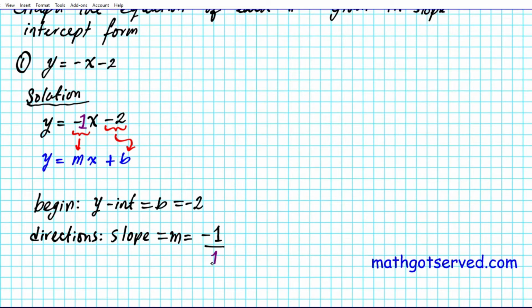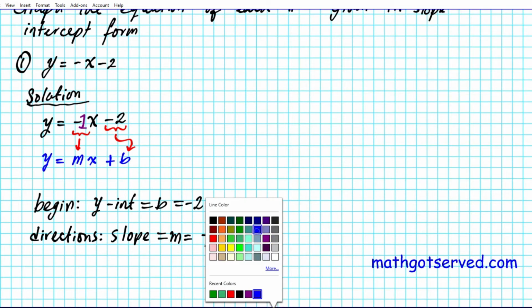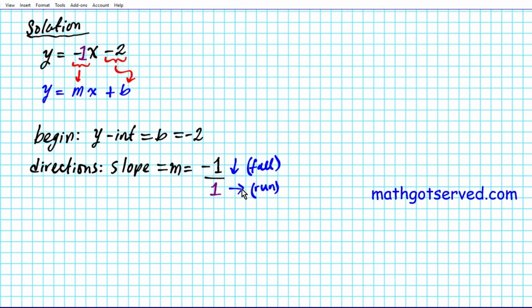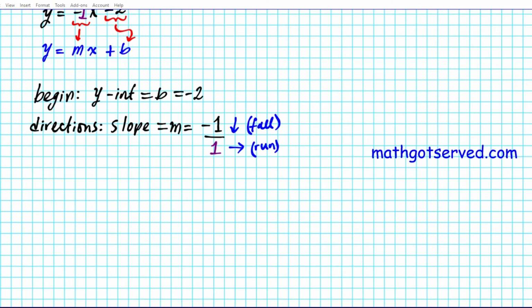So this tells me my directions. I am going to fall 1 unit because it's negative, and run 1. This is my fall and this is my run. You always run and you rise or fall.